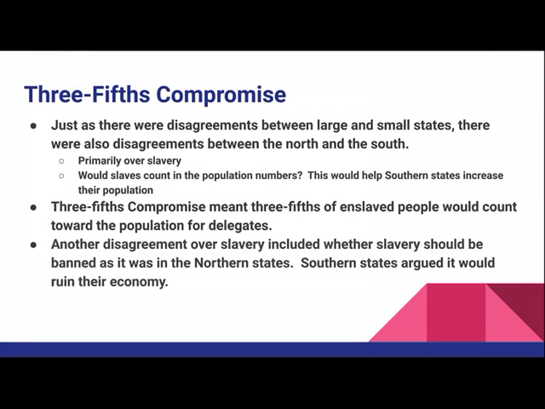And so here we have this debate between the North and South, with the North saying, well, that's kind of a double standard. And so they came up with a compromise. We have this 3/5 compromise, meaning that 3/5 of enslaved people would count towards the population for delegates. So for every 5 enslaved people, only 3 of them would count towards that state's population.